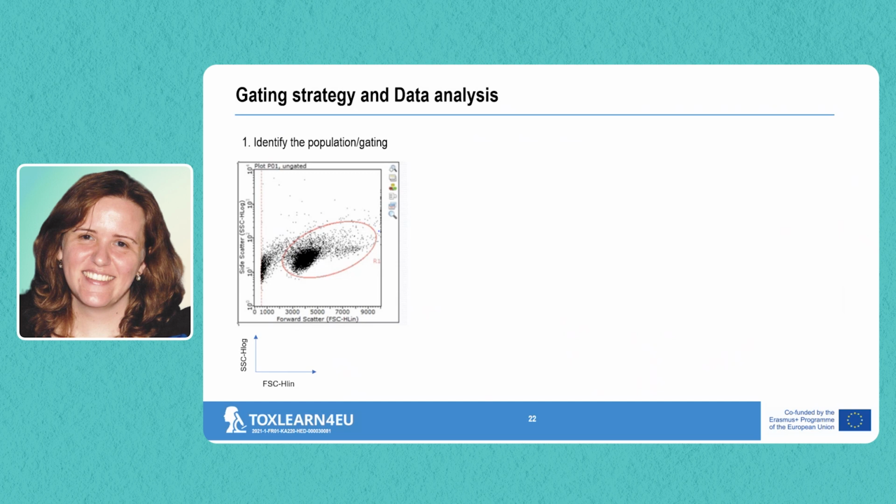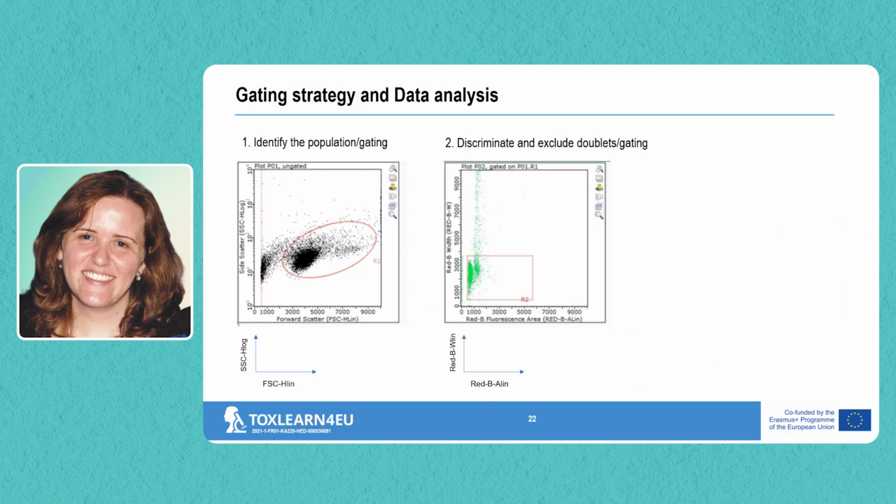In terms of gating strategy, what we do, as I was telling you before, is that we start by identifying the population. Okay, so for that we use the forward scatter and the side scatter. Okay, and this will help us to identify our population, and then we want to discriminate and exclude doublets.